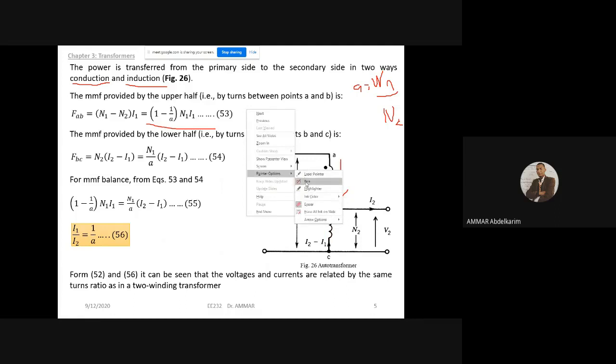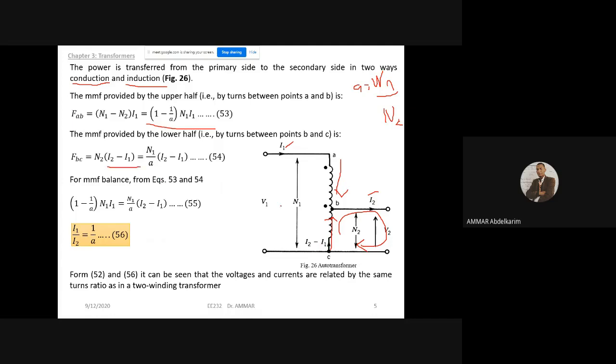It's like a source, so the voltage is created here. That's why the current in this coil is in this direction. So here I1 is the primary current, I2 is the secondary current, but the current in this coil is I1 minus I2.